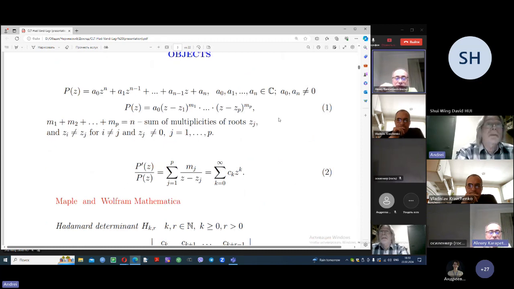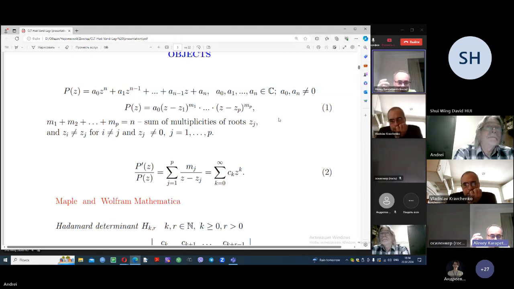This is an example, Alexey. Yes, yes, but for instance, to show my idea, my idea is as follows. Assume that you have polynomials which are partial sums of a certain holomorphic function. For every such polynomial, you can calculate or estimate zeros, right?